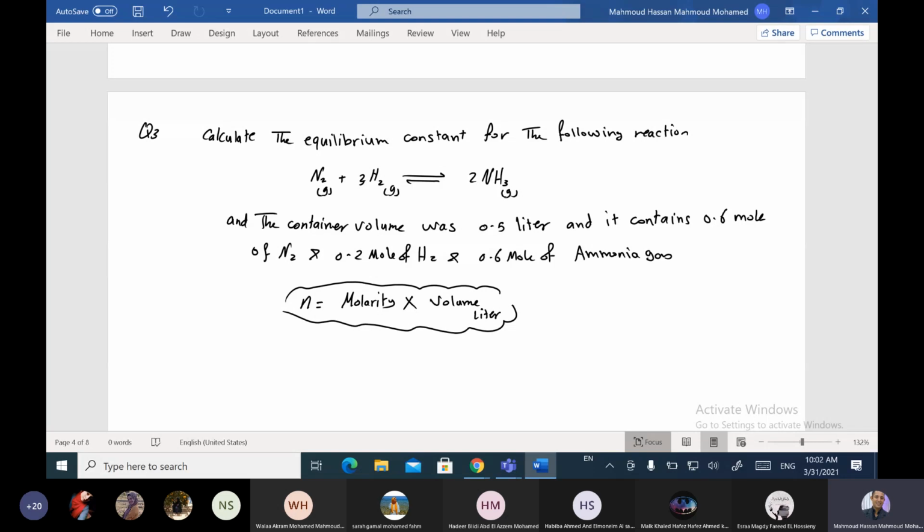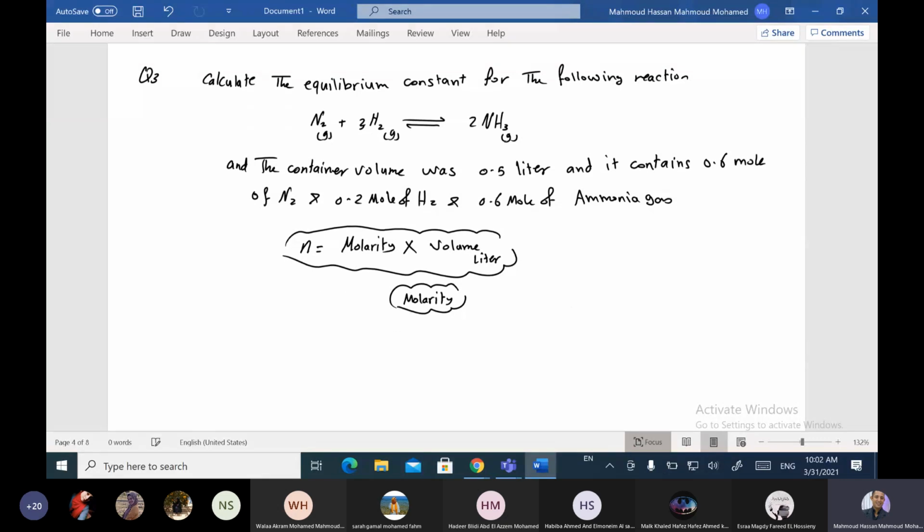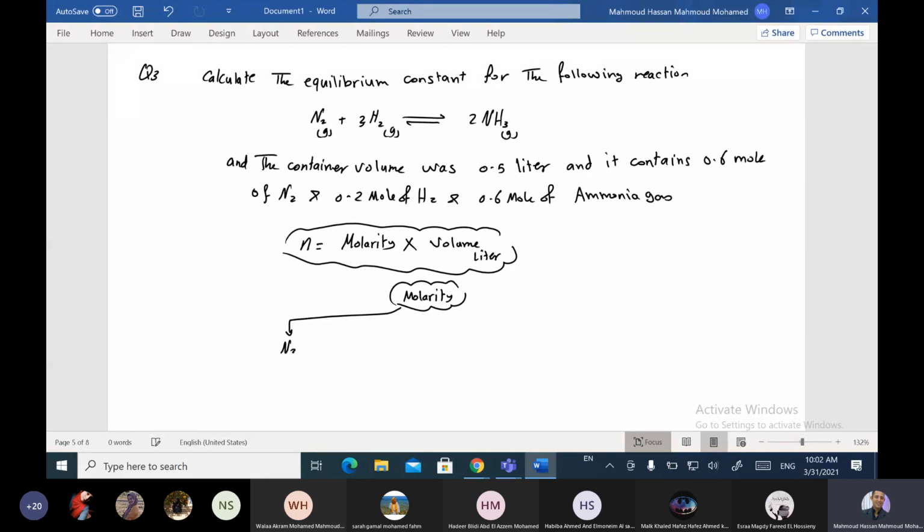So to calculate the concentrations, or molarity, we need the molarity for nitrogen gas, for hydrogen gas, and also for ammonia gas. The rule is: molarity equals the number of moles divided by the volume in liters.